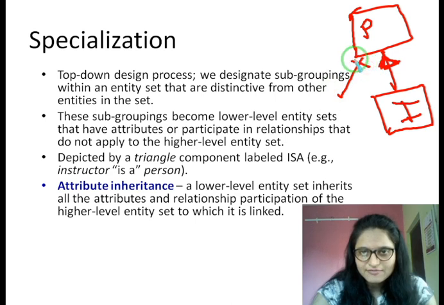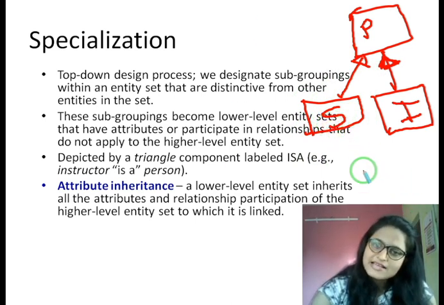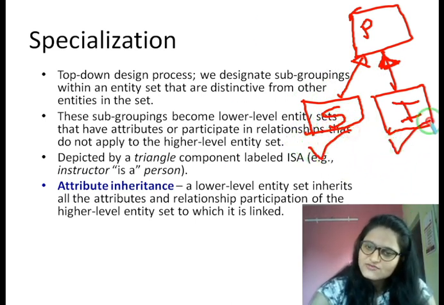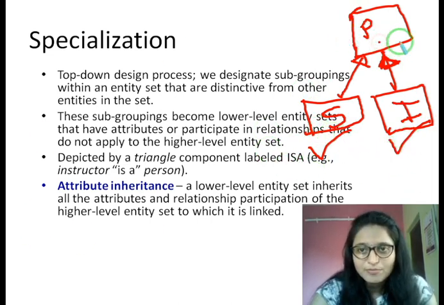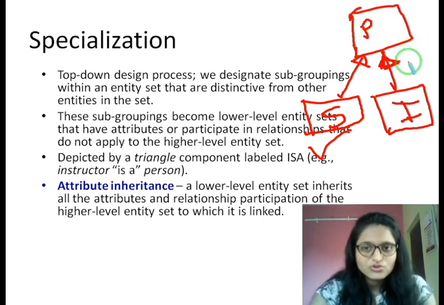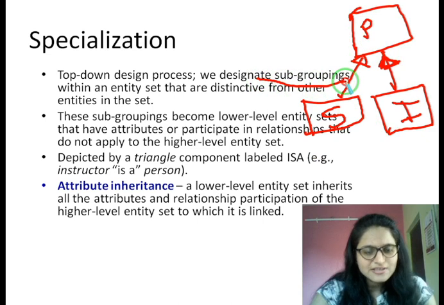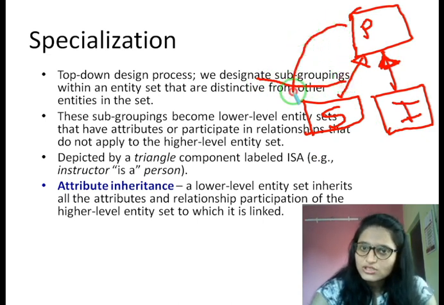So that time this is for student and this is for instructor. Both the student entity and the instructor entity belong to the person entity. So this is termed as subgrouping. We design a subgrouping and we follow the top down approach.